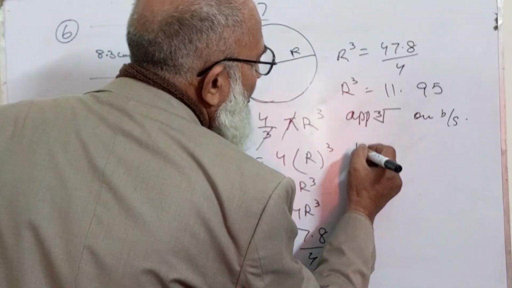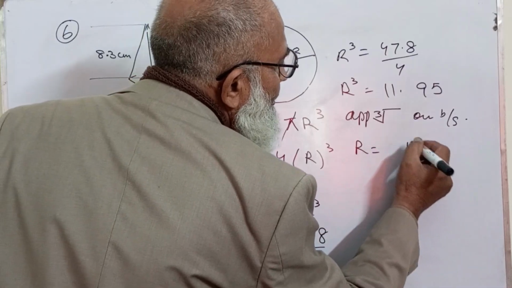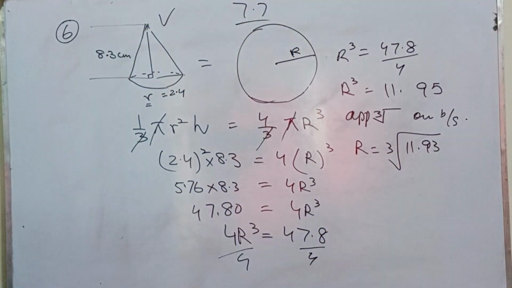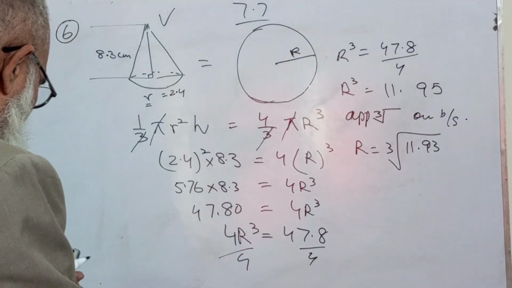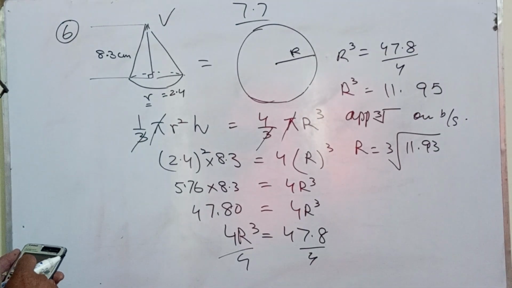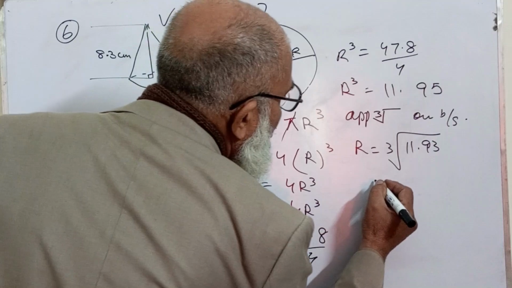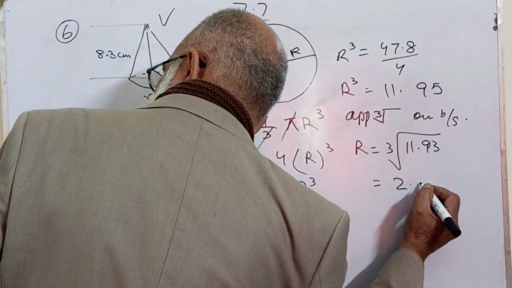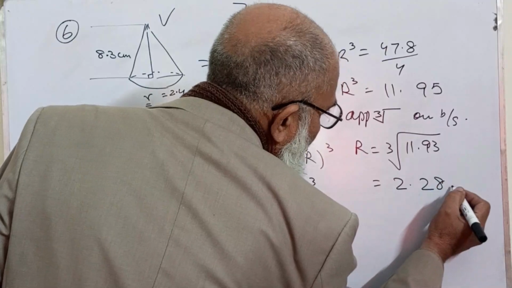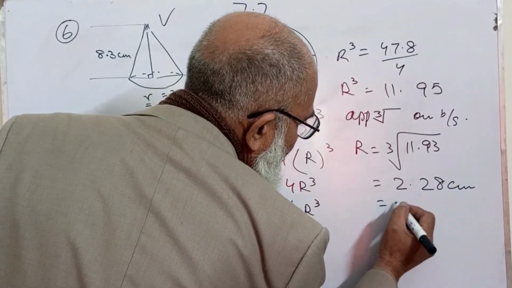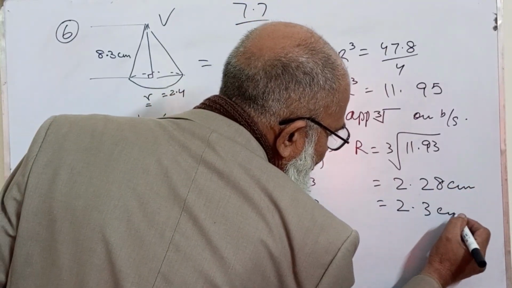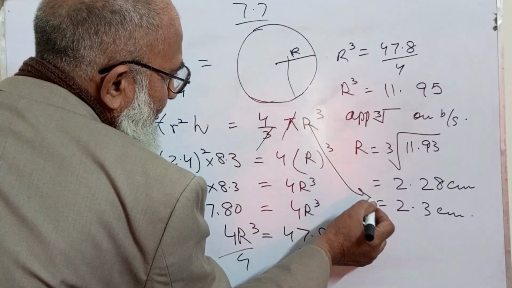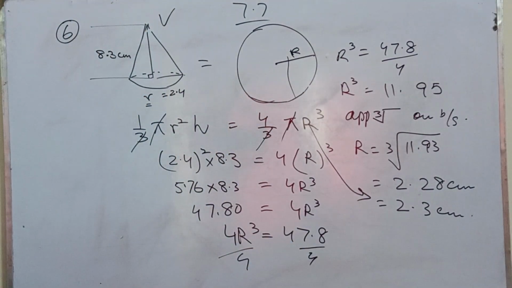So r is equal to the cube root of this. Let me find the cube root: r equals 2.28 centimeter, or nearly 2.3 centimeter. So this r is 2.3 centimeters.